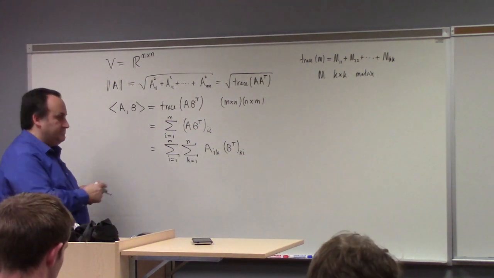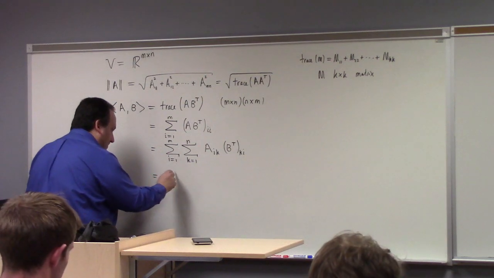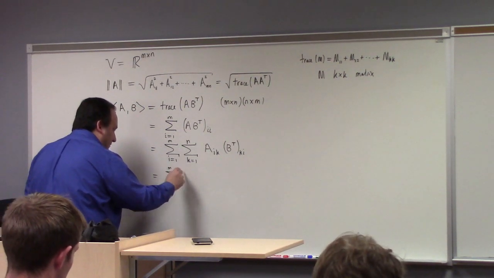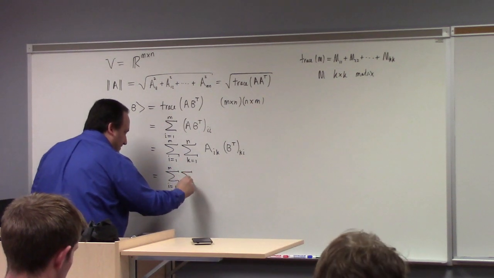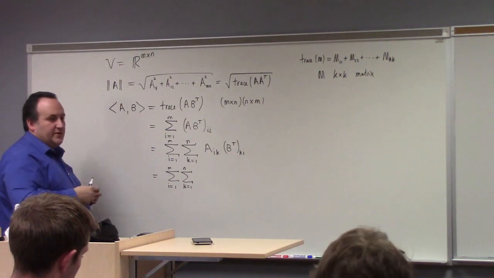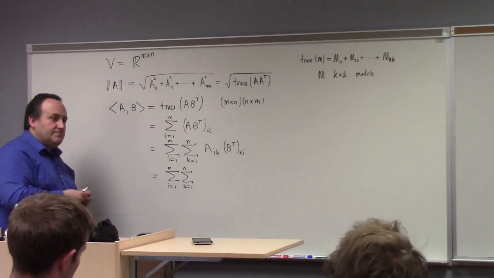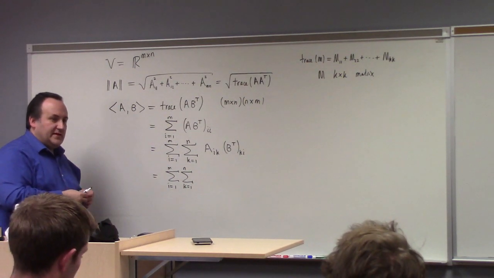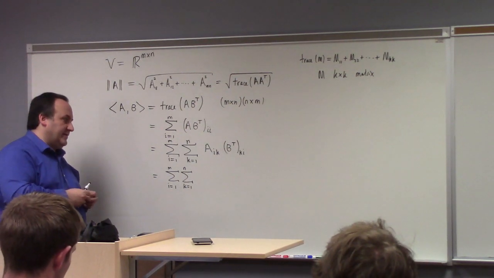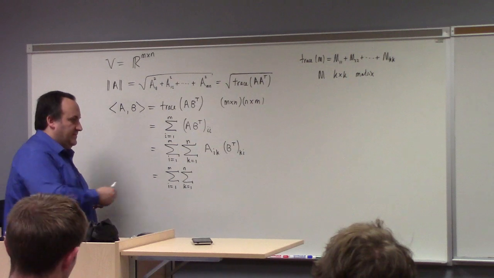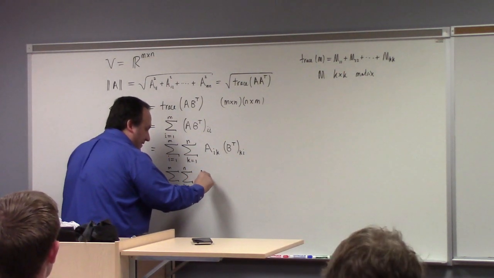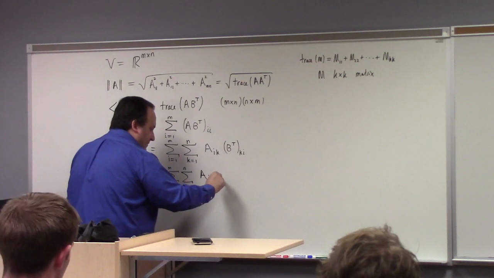What is that? What is the kith component of the transpose? How do you do that? What's the definition of transpose in index notation? Do you guys know? Surely you know. This is b_ik. So we've got a_ik, b_ik.